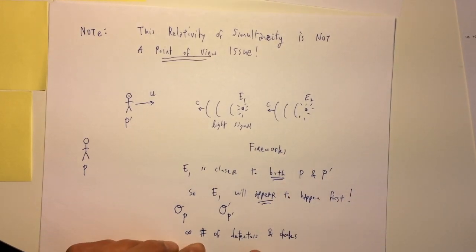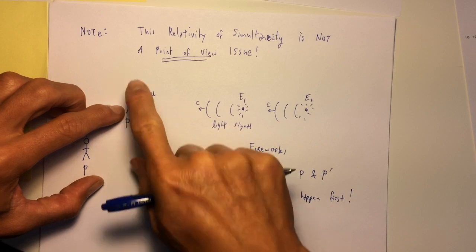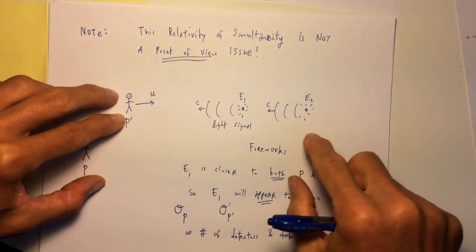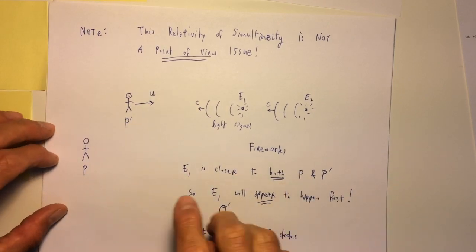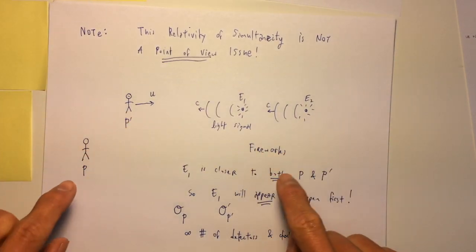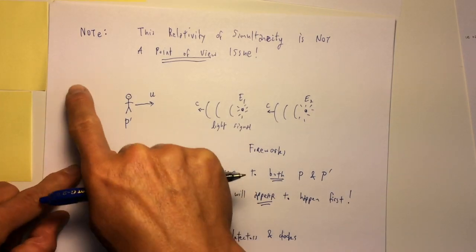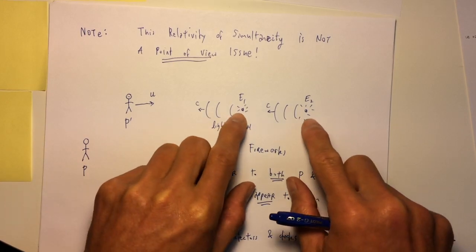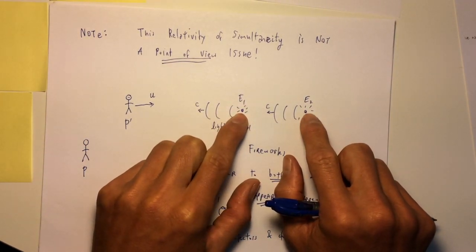The idea is, even after you account for light travel, all of O prime's detectors everywhere, and all of O's detectors separately everywhere, it might be that observer P in their observer frame uses detectors that detect these two explosions to happen at exactly the same time.